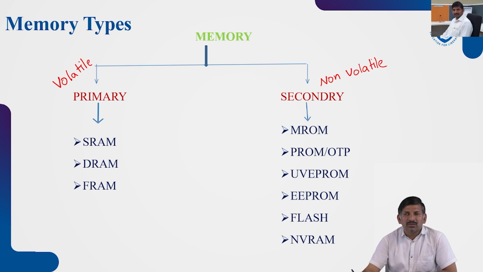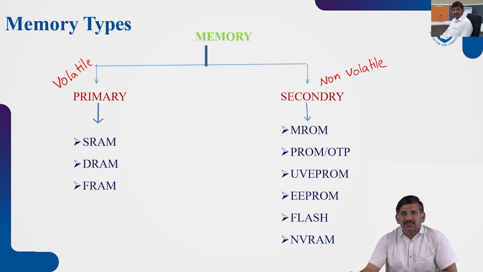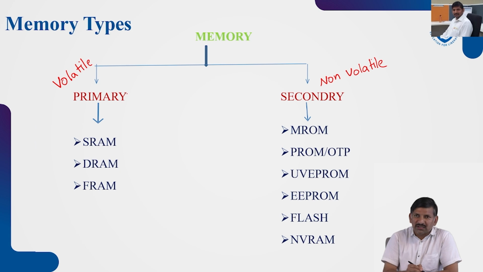Different parameters are considered for classifying the different types of memory devices. One parameter is whether the data is erased or not when the power is turned off. That is volatile. Second parameter: while doing operations, the processing element accesses the information first from primary memory devices.